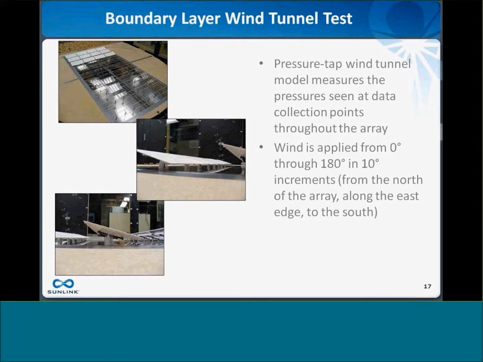And then we're able to find the maximum pressure that's seen at each point over time as the wind is being applied from 0 to 180 degrees in 10-degree increments. So the wind is being applied from the north of the array along the edge to the south of the array.